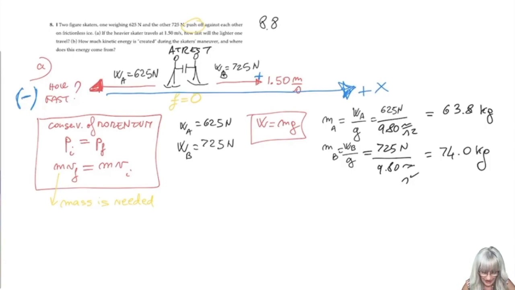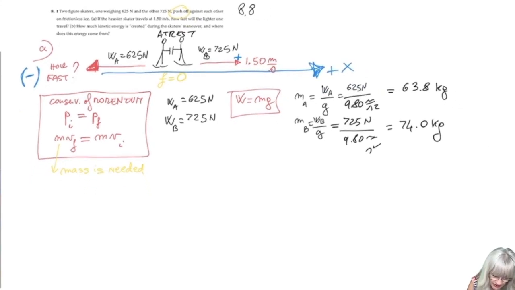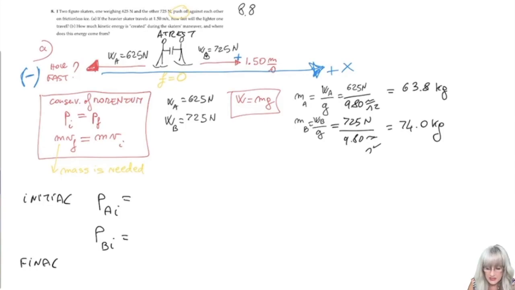Now, a good practice when it comes down to momentum is really to break down the initial momentum and the final momentum in this way. I have a momentum of body A and momentum of body B. These are initial, and I'm going to compute it just initially, so that you know.